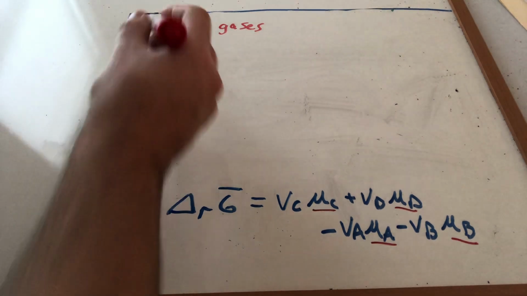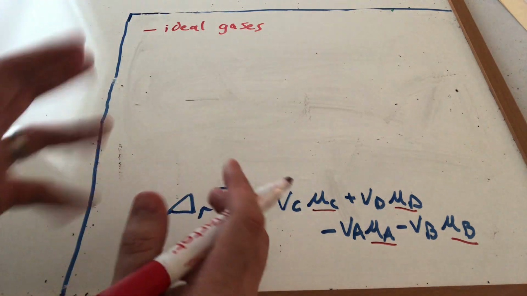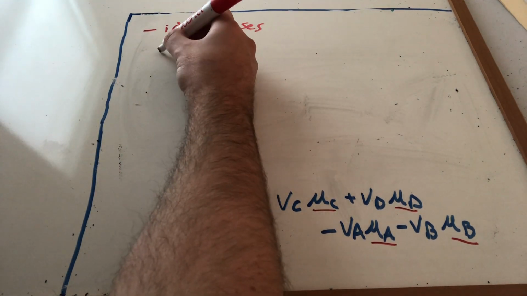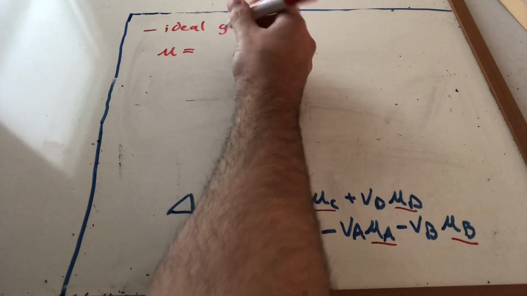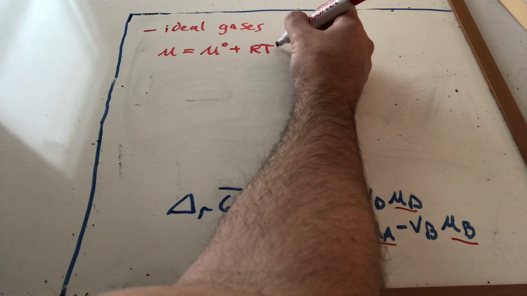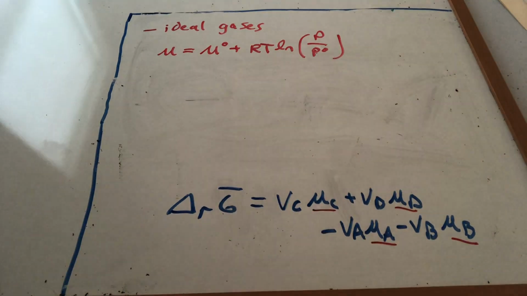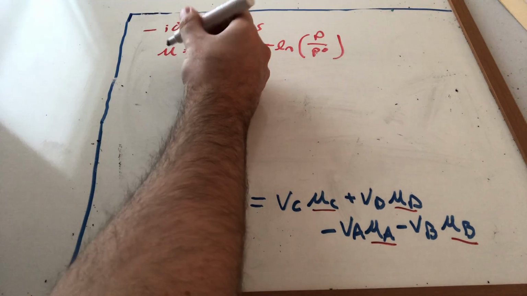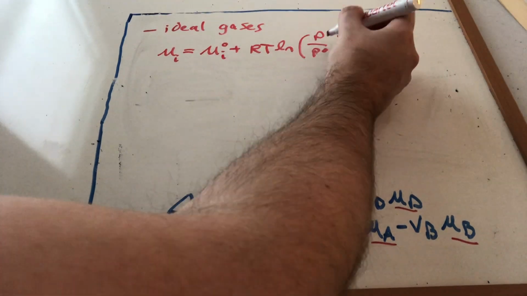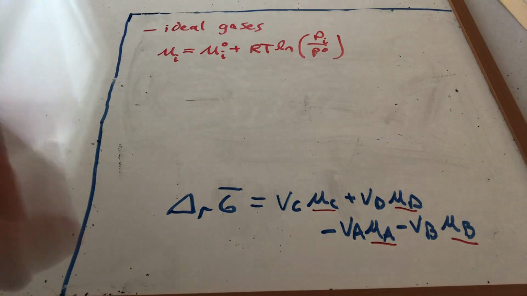So we know for ideal gases, we'll start there, and I'll keep reminding you that we actually know what happens for non-ideal situations. But for ideal gases, we know that mu is equal to mu naught plus RT natural log of P over P naught. Now we have 4 different mu's here, so let's say that this is a mu sub I, and this will be a P sub I. And we know that P naught, our standard when we were dealing with ideal gases, was 1 bar.